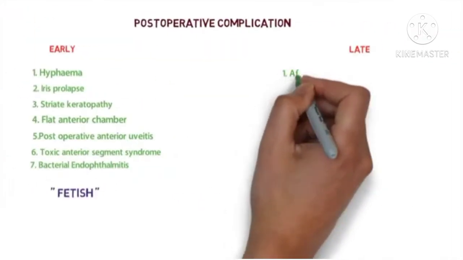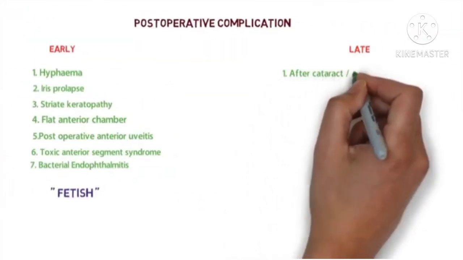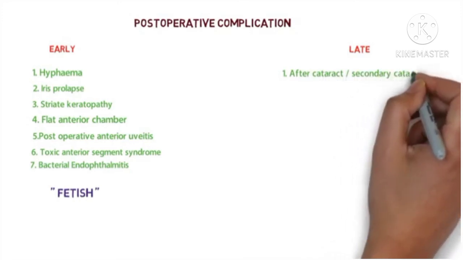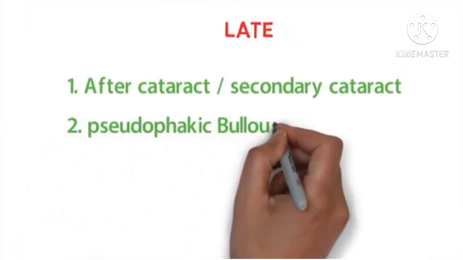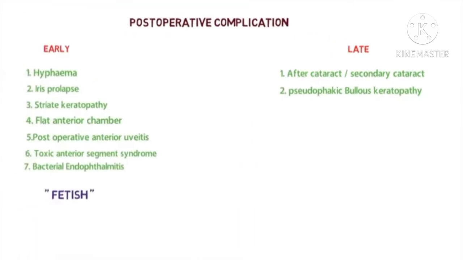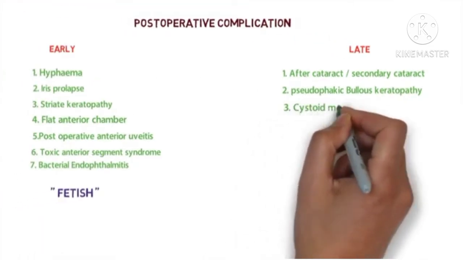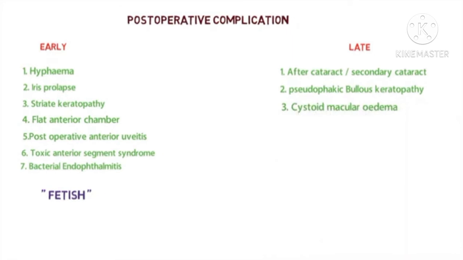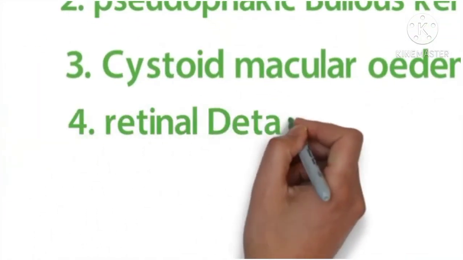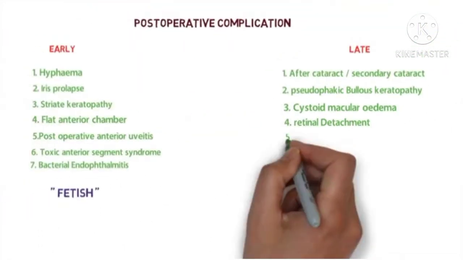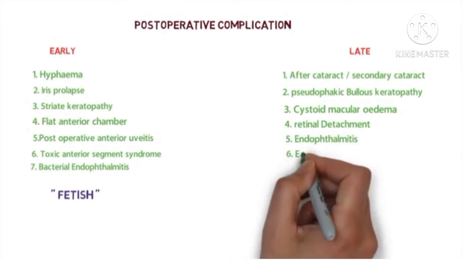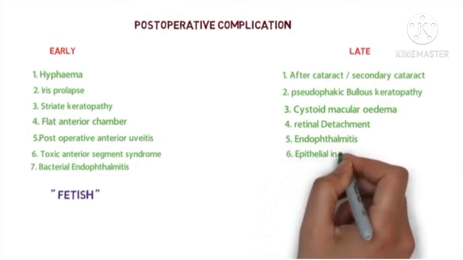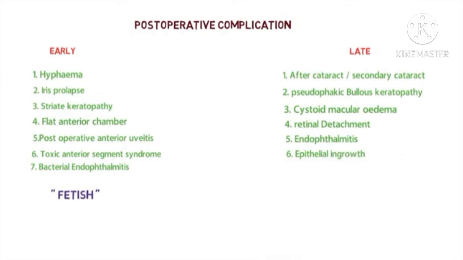In late complications there may be after cataract, or we can call it secondary cataract. There may be pseudophakic bullous keratopathy, cystoid macular edema, retinal detachment, endophthalmitis or epithelial ingrowth, and at last fibrous downgrowth.